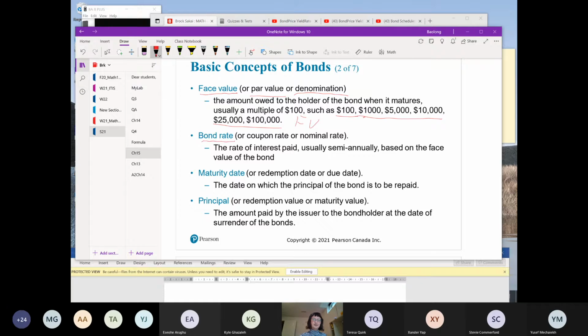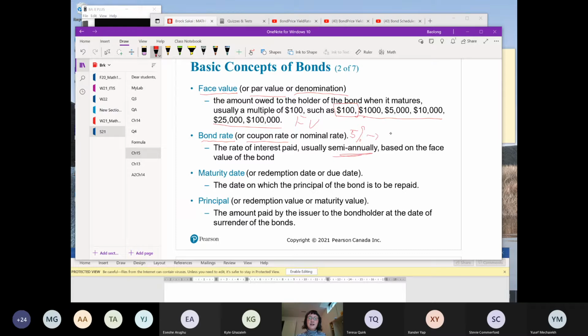Bond rate has other names, coupon rate or nominal rate. It is just the interest paid every 6 months based on the face value of the bond. For example, you bought a bond of 100, and the bond rate is 5%, semi-annually.